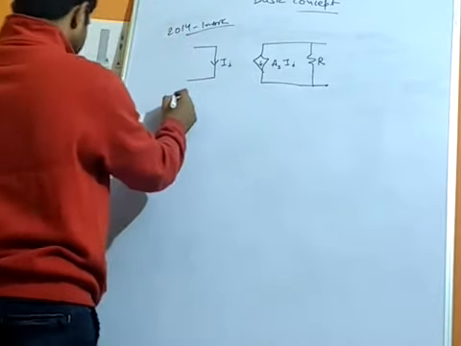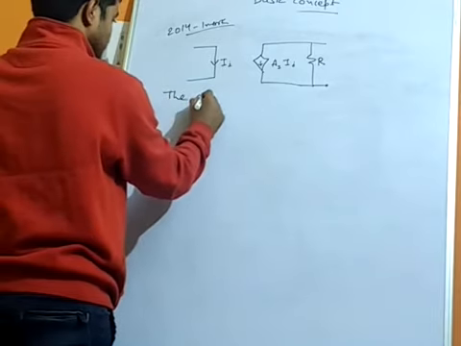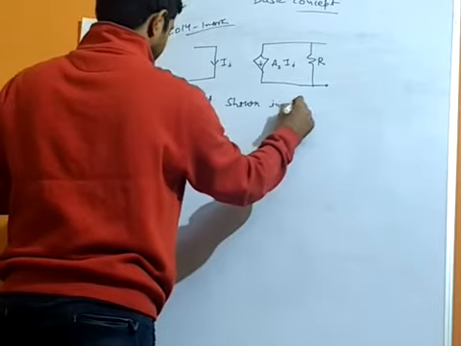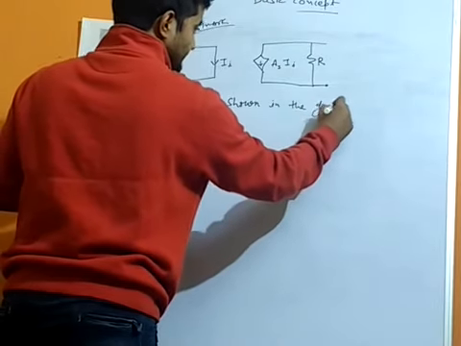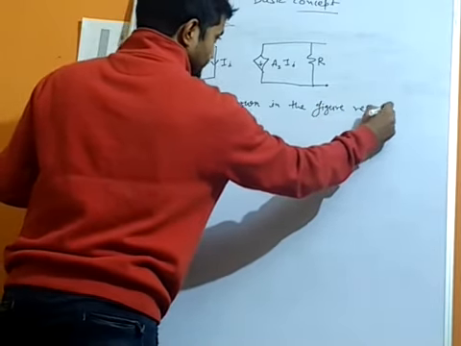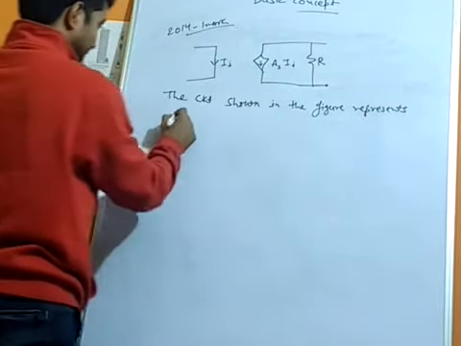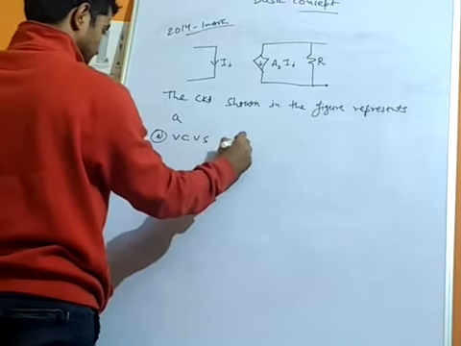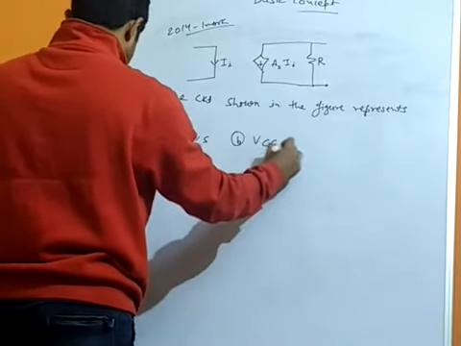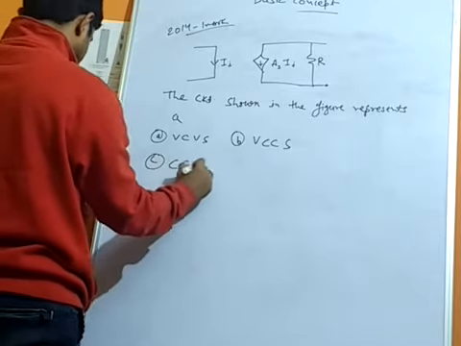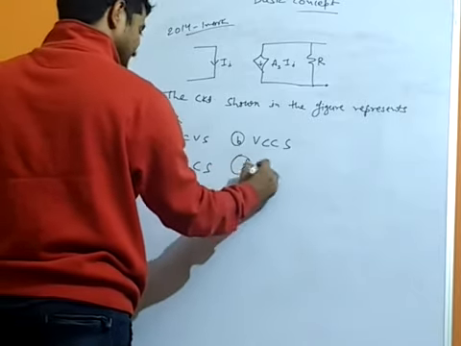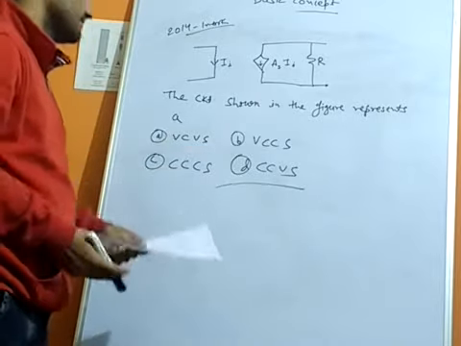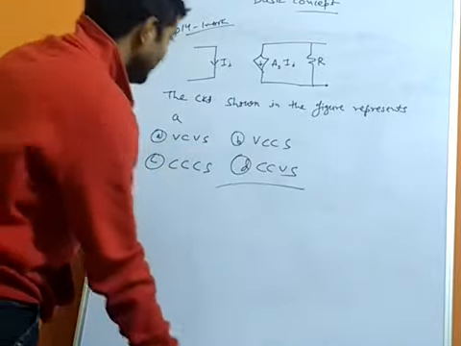The question is: the circuit shown in the figure represents a, and the options are VCVS, VCCS, CCCS and CCVS.